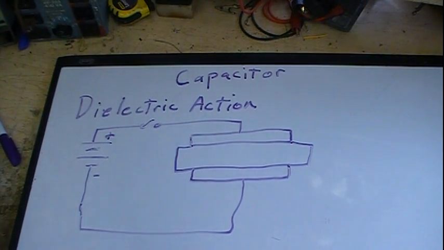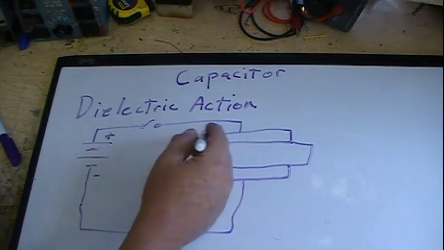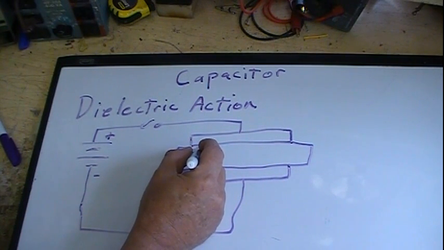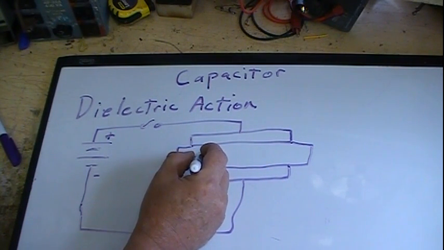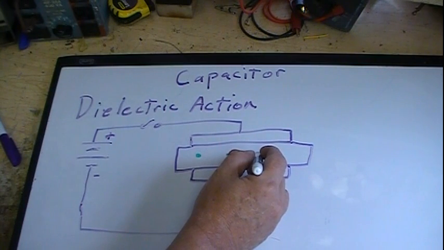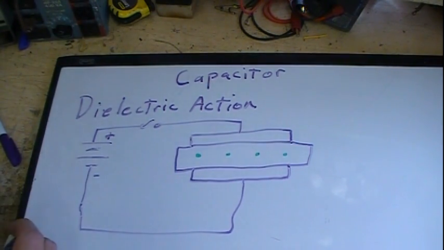When the switch is open, of course, you've got your metal plates, but inside the dielectric we're going to draw some very large atoms. We'll put a little dot here for their nucleus. There's a heck of a lot more atoms in there, but bear with me.